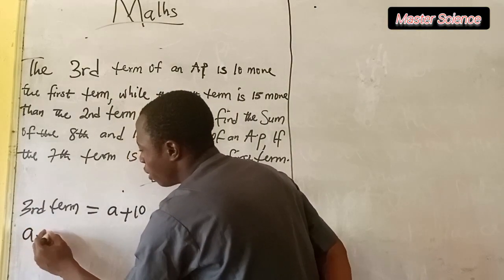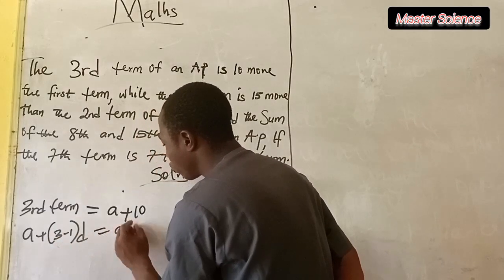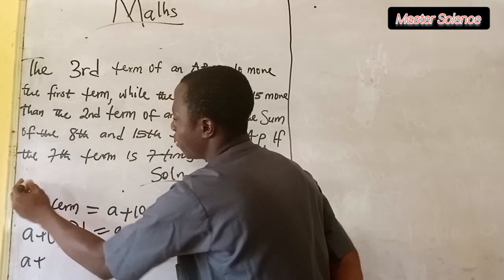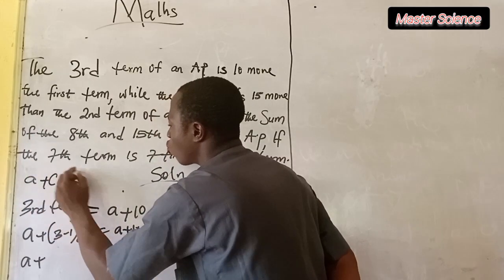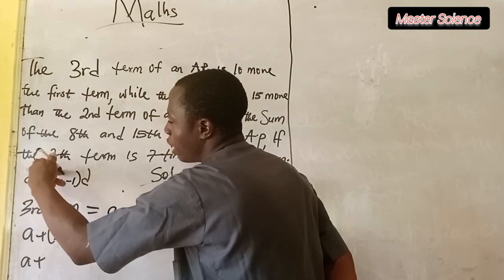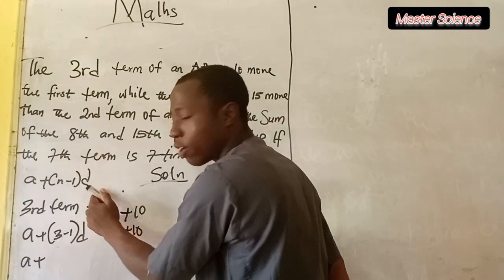A plus (3 minus 1) times D equals A plus 10. That is the third term, because the formula is A plus (n minus 1) times D. A is my first term, which I don't know, plus the number of terms, that is the third term, minus 1, times the common difference, which I don't know yet.